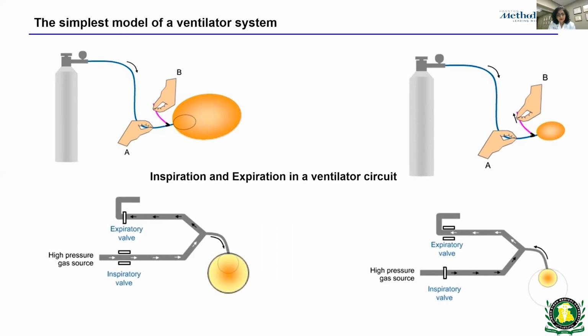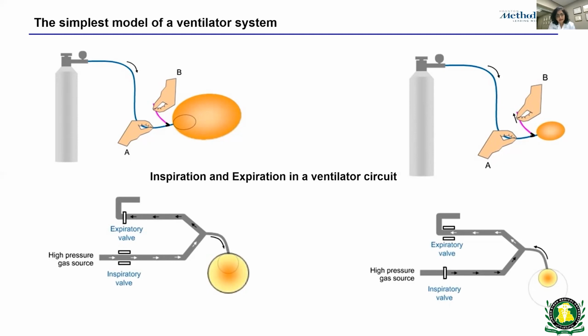The primary function of the ventilator system is to generate positive airway pressure. How does it work? Let's begin with a simple balloon inflation system. If you see on top, it has a full gas cylinder with a valve, a blue connecting tube, hand A, the balloon itself, a pink tube, and a hand B. Now below you look at it, the real ventilator system.